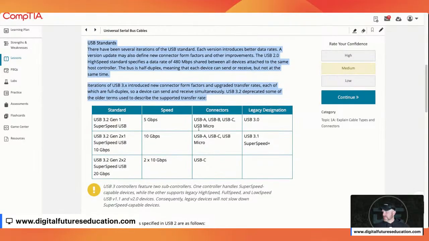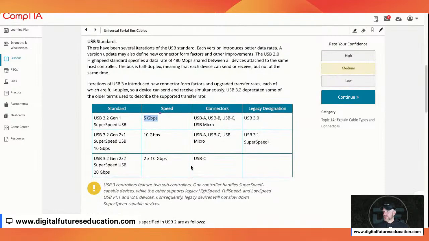So here they have a breakdown of the speed of 5 gigabits per second, what type of connectors had that connection speed, the legacy designation, and the standard was USB 3.2 Gen 1 SuperSpeed USB.